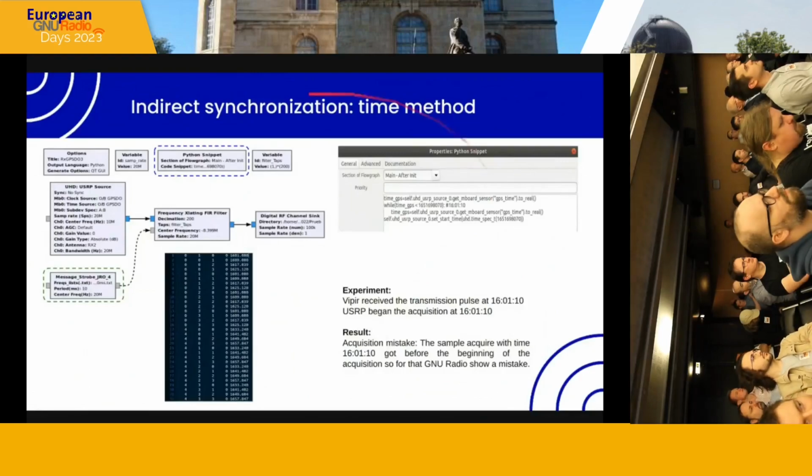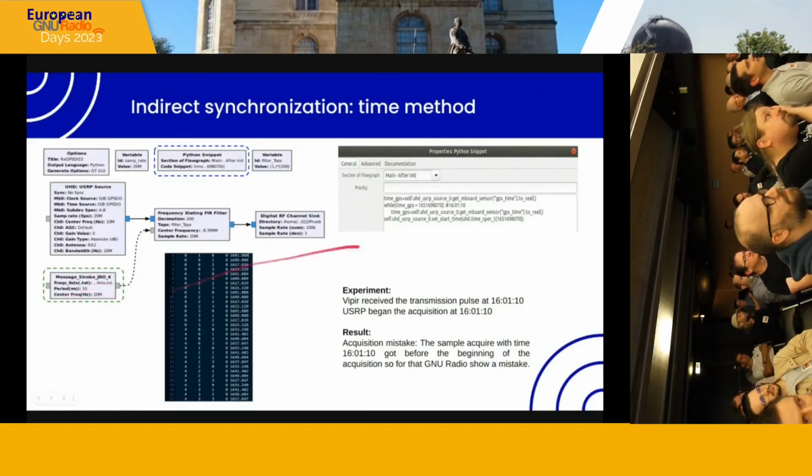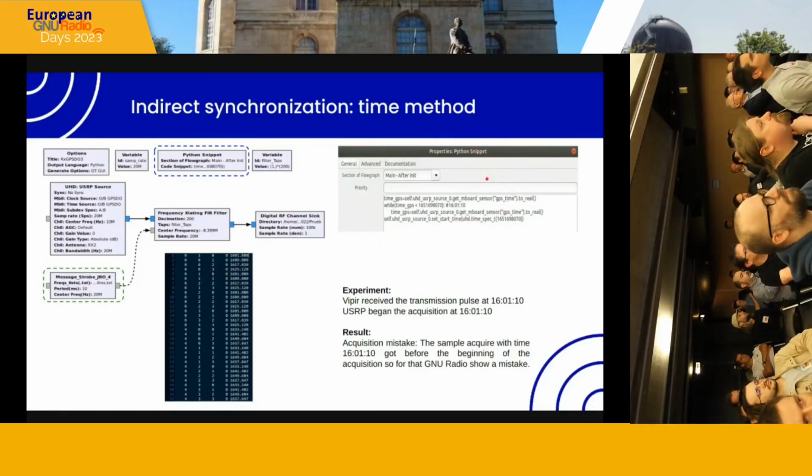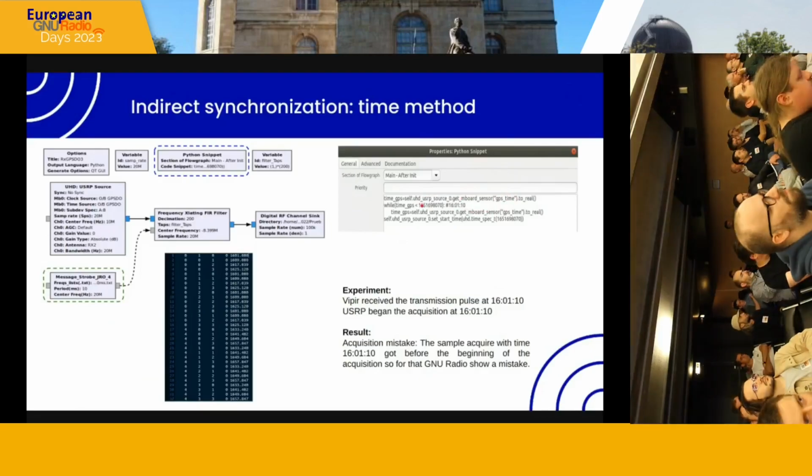We are also using the same idea, Python snippet and message strobe, basically to make the modulation stage. And if we see the Python snippet block, inside we see that we ask for the GPS time. As we know the exact time of the transmission, we ask if we are before that time, we will wait.